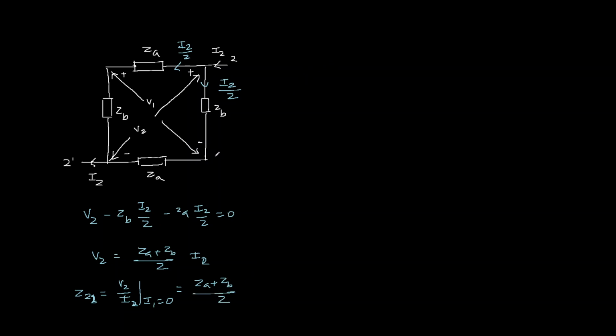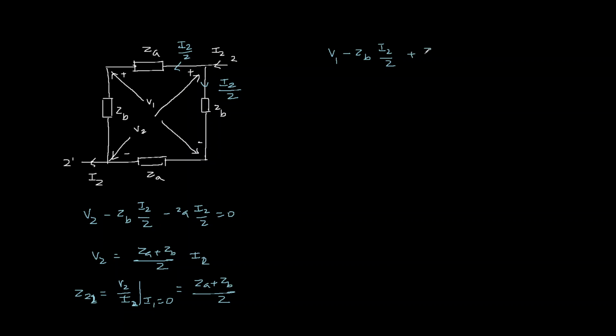Now to find Z12, apply KVL in this loop. Rise in voltage V1 and then drop across ZB I2 by 2, and here rise in voltage because current is coming from the opposite side.